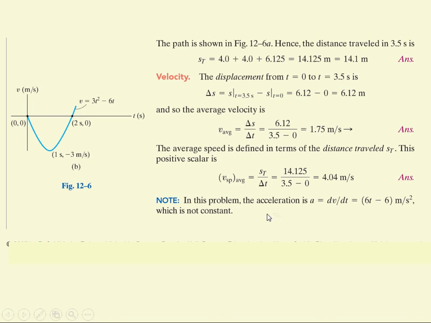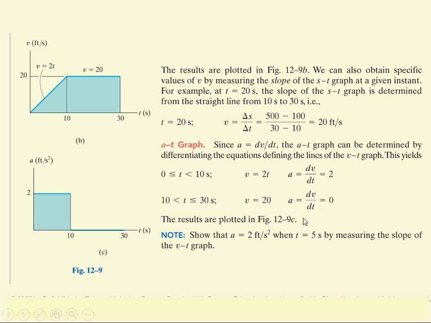Here the acceleration is not constant either. So you could plot the results here. You see, this is t and this is v from 0 to 10 and to 30, and this is the velocity plot or the acceleration plot.